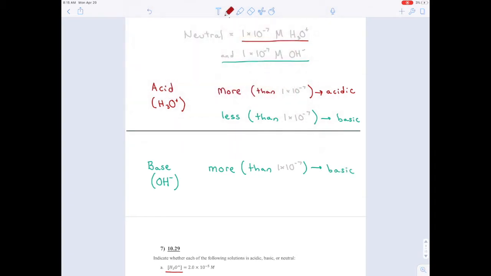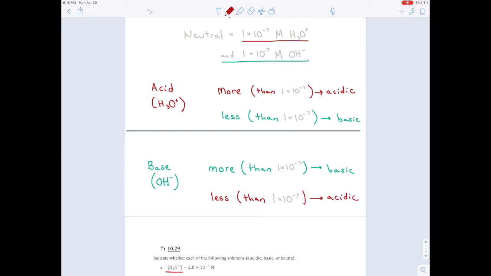But if you have less base than neutral, which is 1 times 10 to the negative 7, if you have less base than neutral, then it's going to be the opposite of basic, which is acidic.